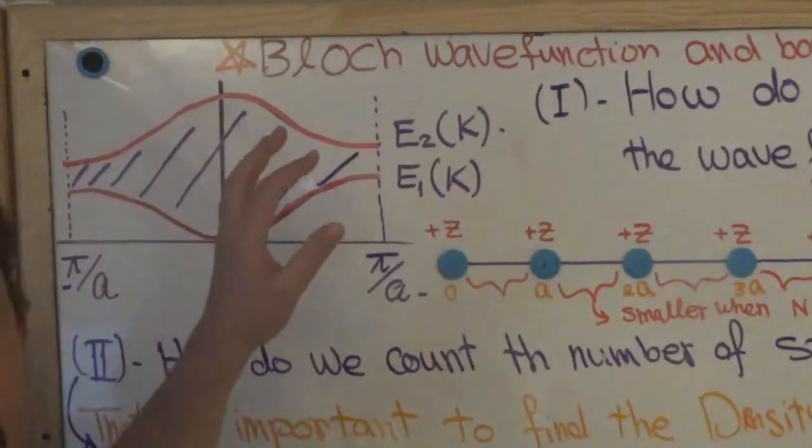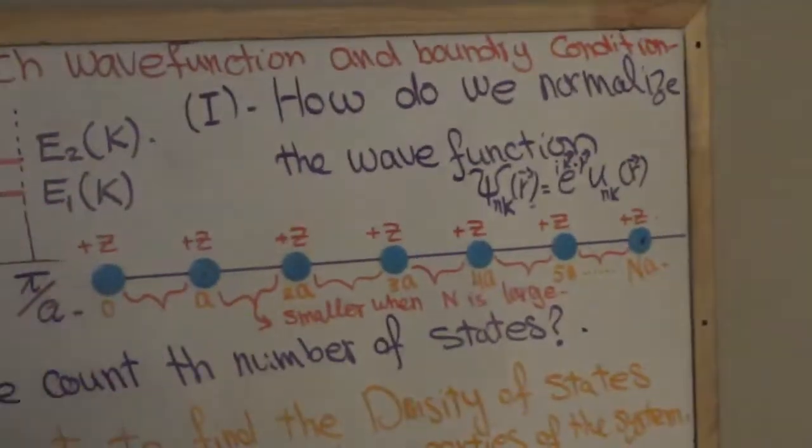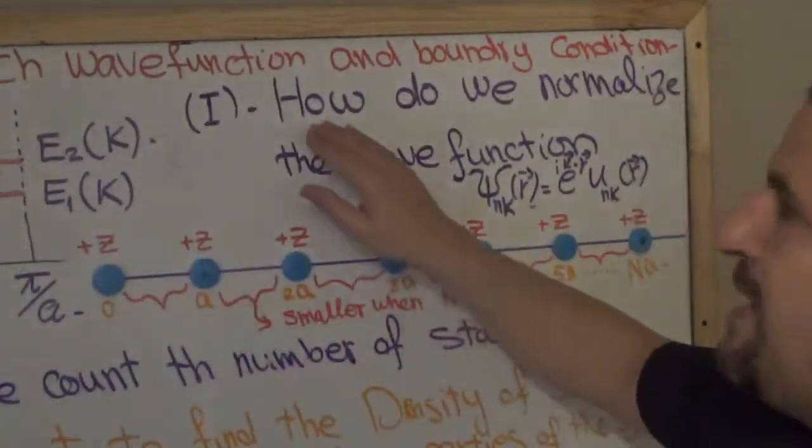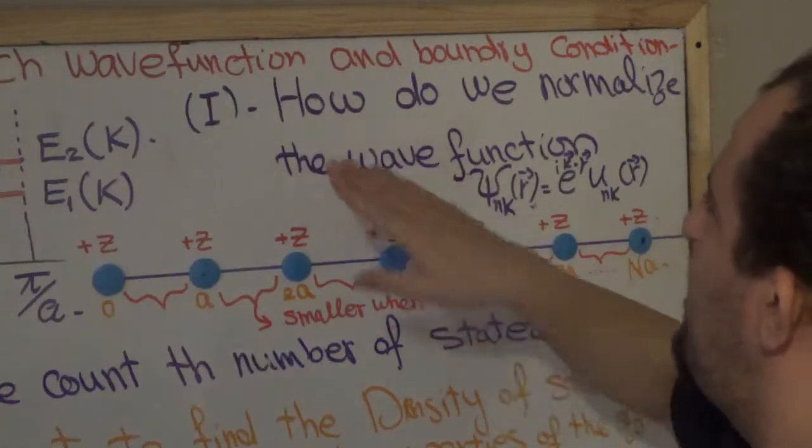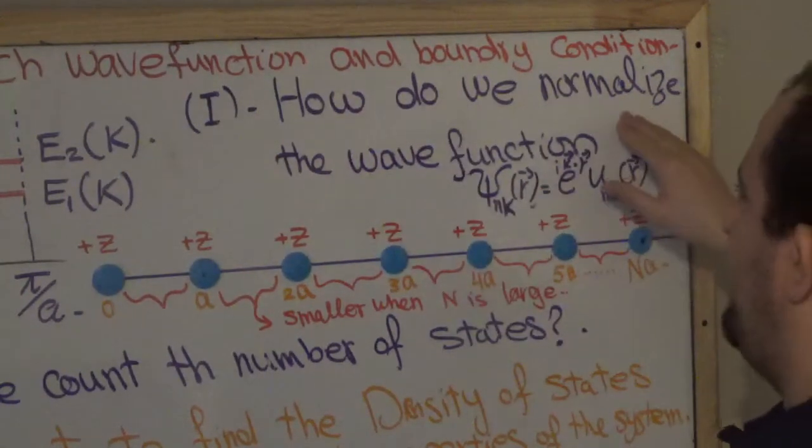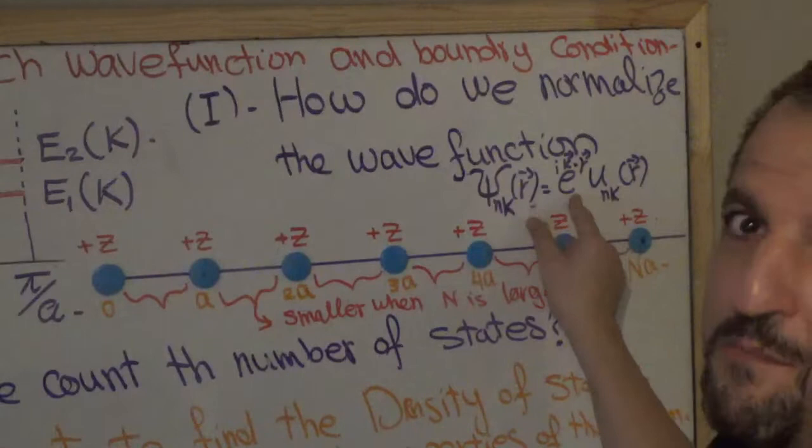Now let's ask ourselves a very important question. How do we normalize the Bloch wave function?